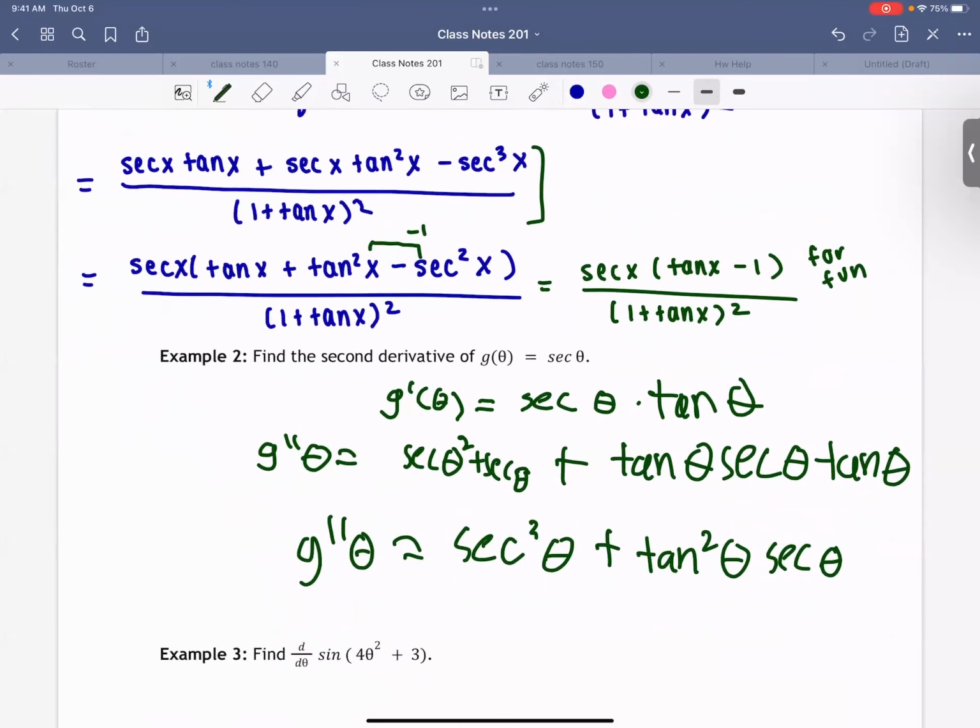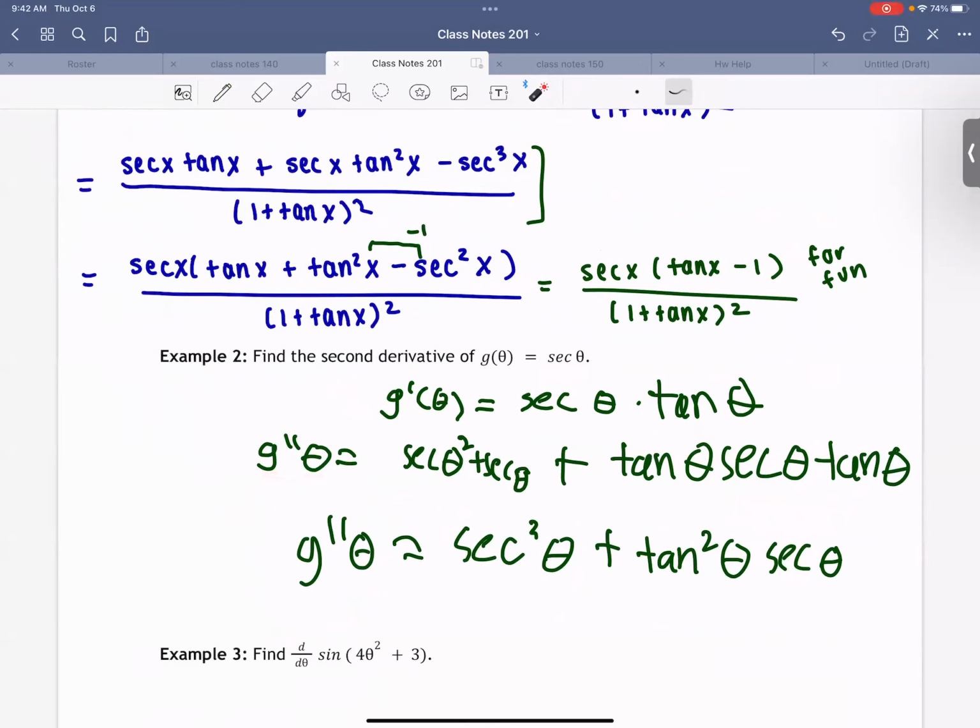For example 2, we wanted to find the second derivative of secant. John, do you want to take us through your steps here? You find the first derivative first, and the derivative of secant is secant theta times tangent theta, and then you do product rule.